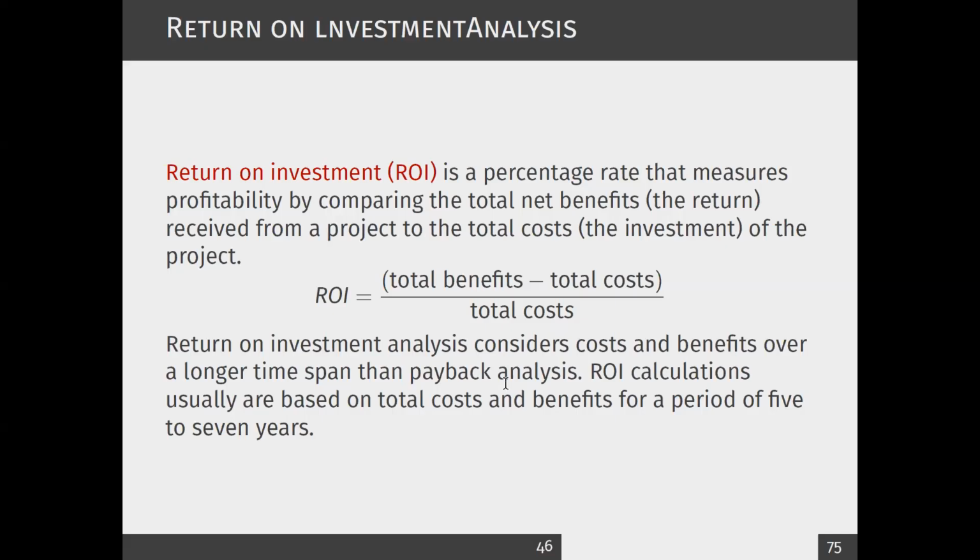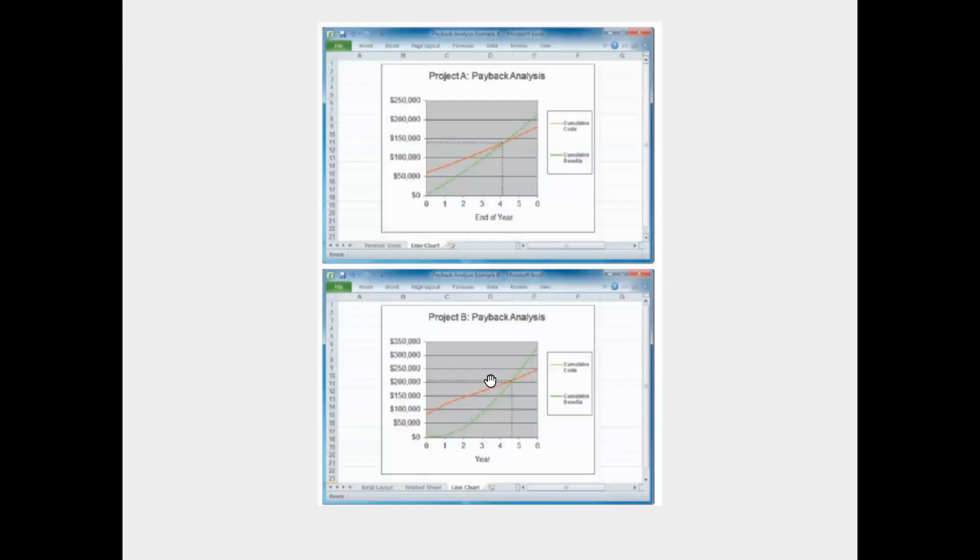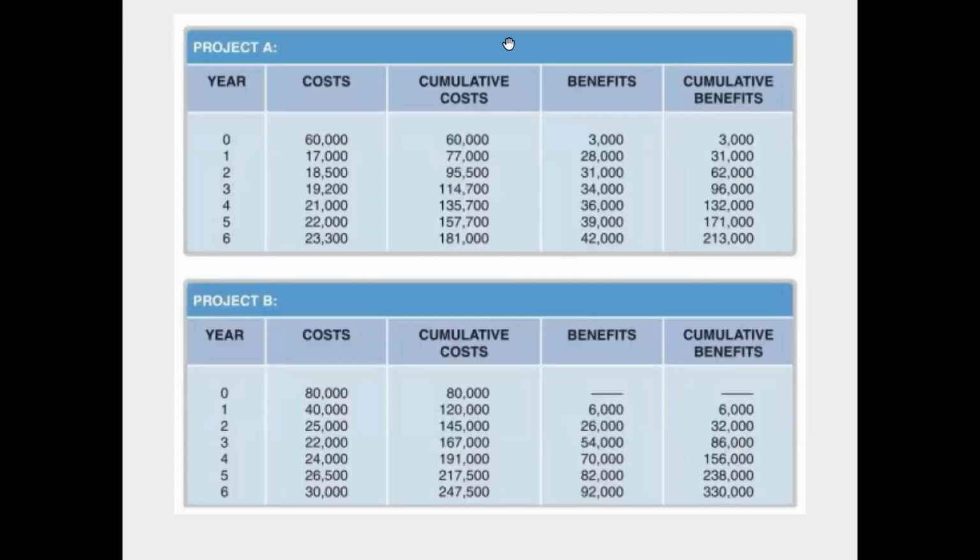Total benefits, total cost. We have total benefit, total cost, and you divide by total cost. So you can get it as a percentage if you want. So this is the equation.